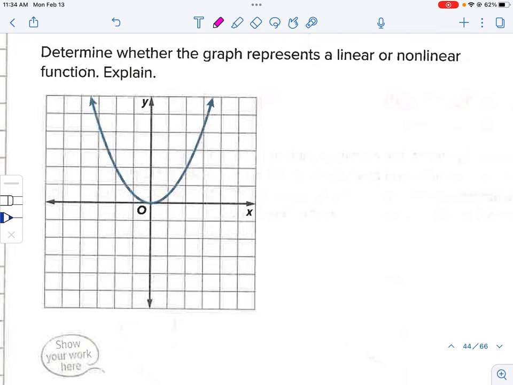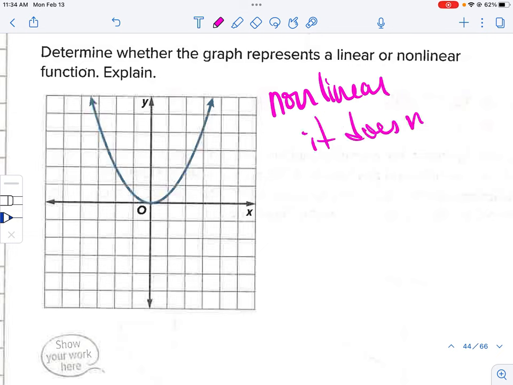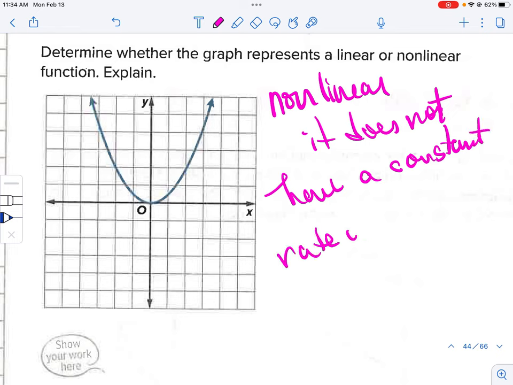Determine whether linear or nonlinear. Again, nonlinear. It does not have a constant rate of change.